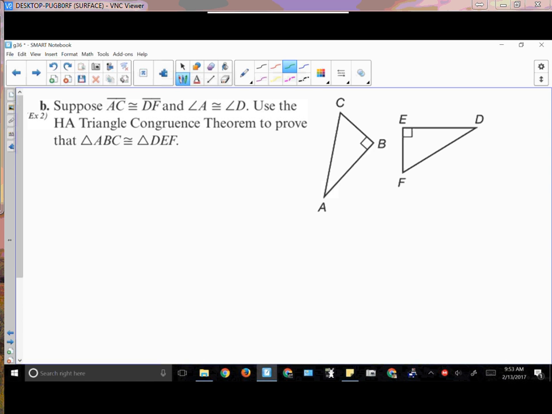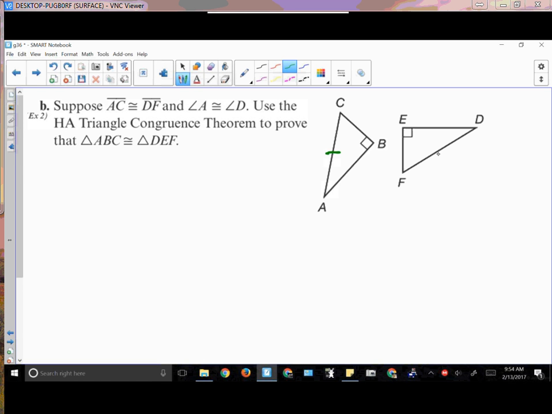No. Which one of the congruence theorems? Well, remember, we had these given to us a long time ago. Went through and put these into your little book. I'll show you again where they are in the stuff that I've got online for you.